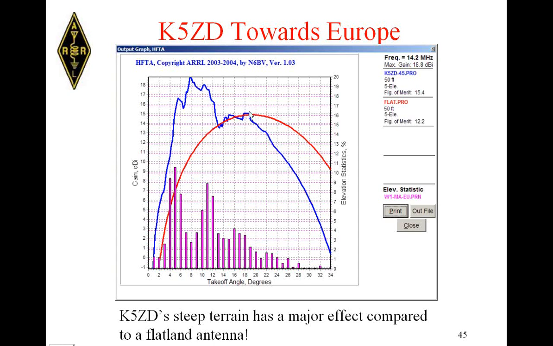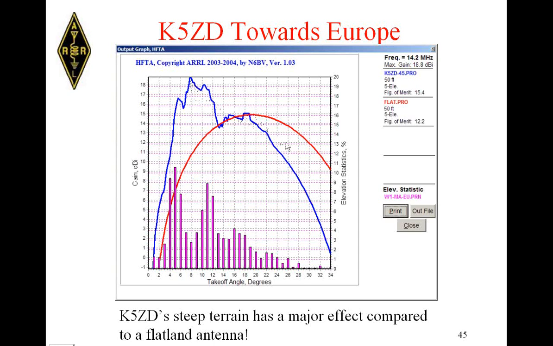What it's done, if you take the peak at the red, it's about 20 degrees elevation angle. The peak of this 50-foot antenna on 20 meters is about 8 degrees. In other words, it's changed 12 degrees due to the slope in his terrain.